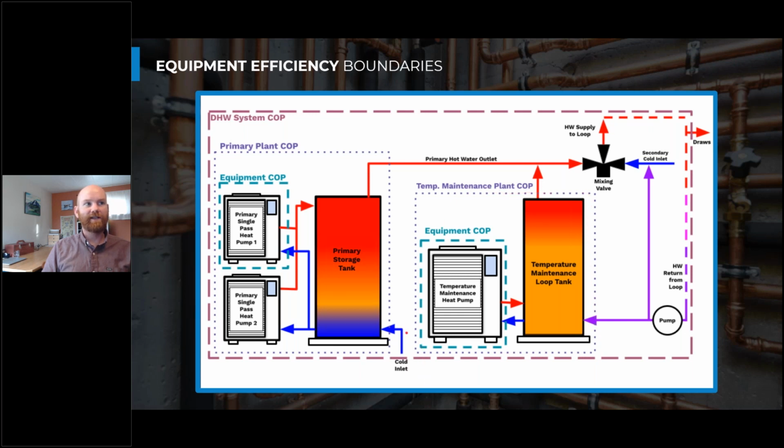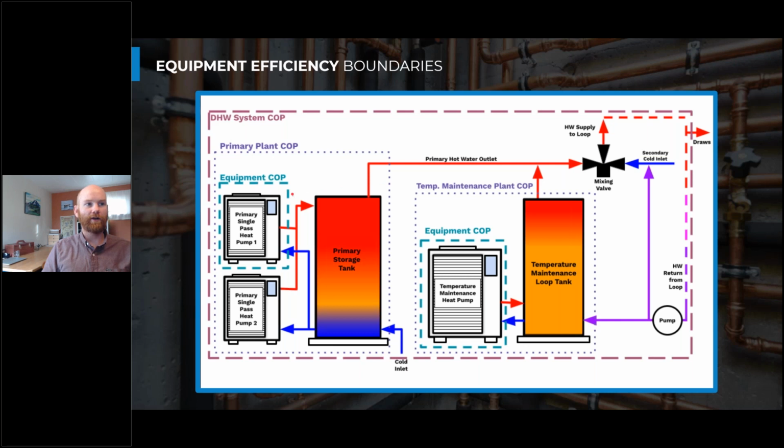So what we really need to focus on is this domestic hot water system COP, also referred to as SYS COP or SCOP throughout a lot of papers, handbooks, and codes. The domestic hot water system COP is really looking at all the energy that's going into the system and the useful energy that's coming out of the system.